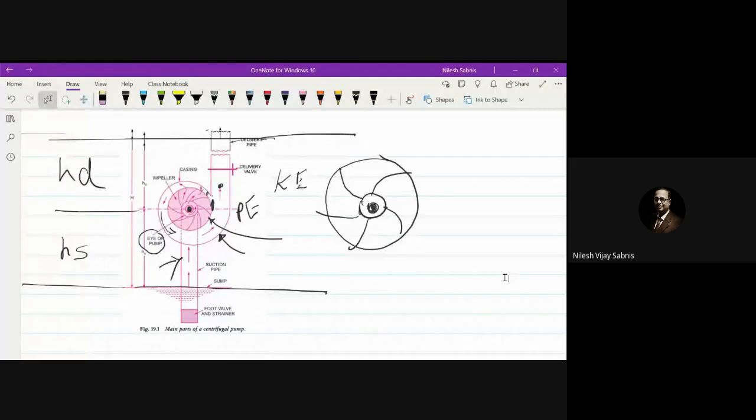Similarly, in case of turbines, the construction and working of a Francis turbine and construction and working of a Pelton wheel, the efficiencies of Pelton wheel, efficiencies of turbine, efficiencies of centrifugal pump, all these are theoretical questions. So there is scope for writing whatever things you know in detail for these questions.